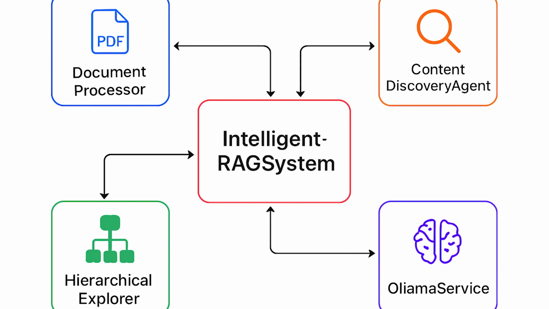And the final one is the intelligent RAG system, the orchestrator that decides which approach to use and combines results. Because we have multiple choices here, whenever you ask a question, this intelligent RAG system service will determine which approach to use.